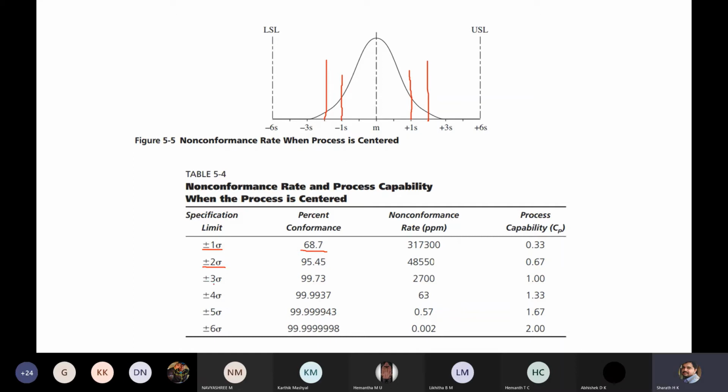Similarly, if you go for producing products by specifying the limit of plus or minus 3 sigma, then 99.73% of products will fall within this range. The remaining are defective. If you consider plus or minus 4 sigma, that will cover 99.9937%.